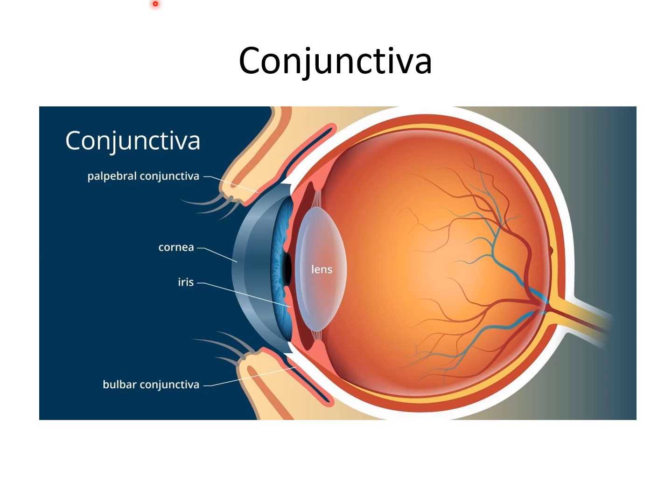Meanwhile, the palpebral conjunctiva covers the inner surface of both the upper and the lower eyelid. In the image that you can see, the palpebral conjunctiva is the one usually covering the eyelid, and the bulbar conjunctiva is the one covering the sclera.